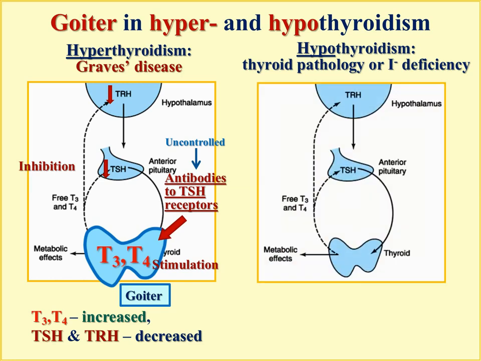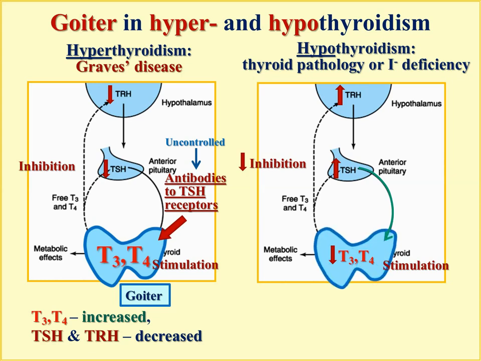So in this case, the thyroid gland has low levels of T3 and T4 because of two possible reasons. And it produces a decrease of negative feedback inhibition. And TRH and TSH increase because of absence of inhibition. Excess of TSH overstimulates the gland and produces only stimulation of growth, because damaged cells cannot produce T3 and T4.